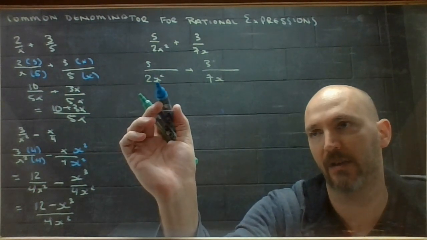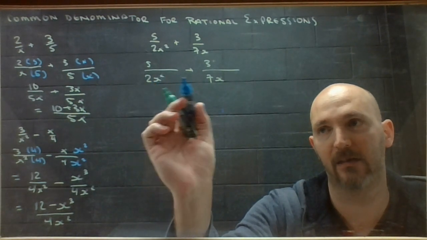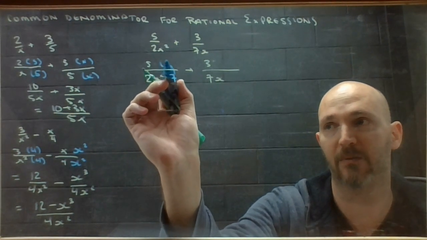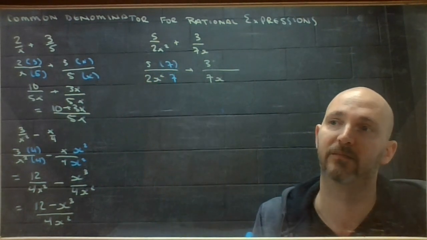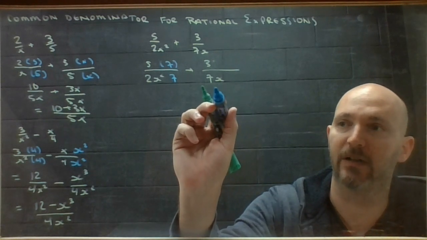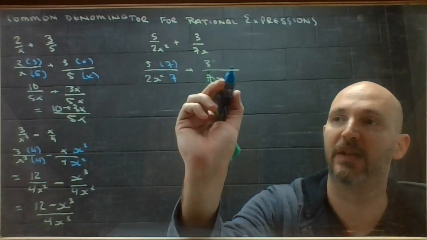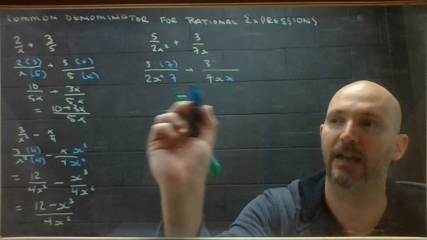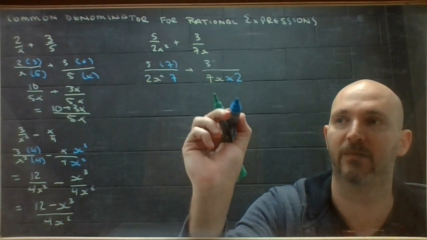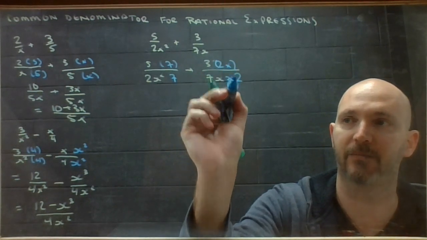This fraction has a 2, it has an x, it needs a 7, and put it in both top and bottom. This fraction over here has a 7 and 1x, which means it needs another x to get up to x squared, and it needs the 2. So I'm going to have to introduce that in both top and bottom.